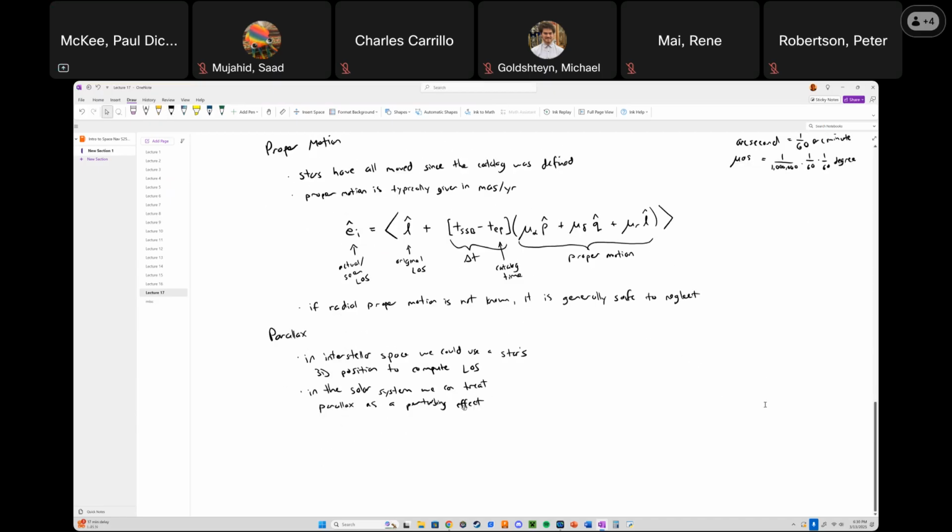So the idea here is this. Let's say we've got the sun, and let's say that we've got the star. So this is the L direction, or maybe I'll do this as a dotted line for now. This is the L direction.